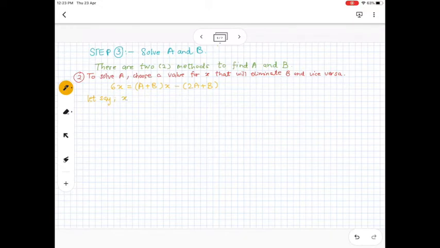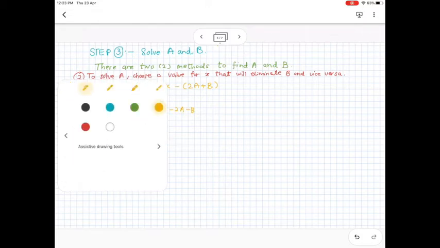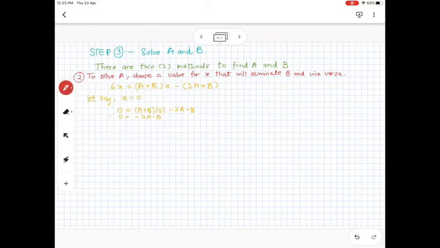x equals 0. What would happen to the equation above? 6x will become 0, and a plus b times 0 will become 0 as well, and minus 2a minus b. When you rearrange it, you cannot eliminate a or b, am I right?